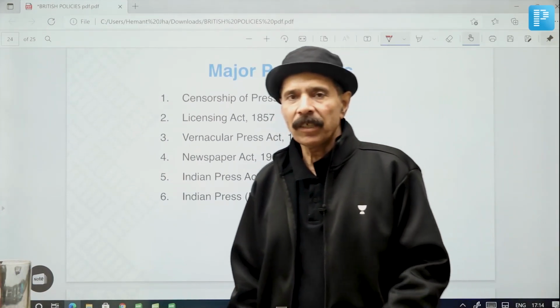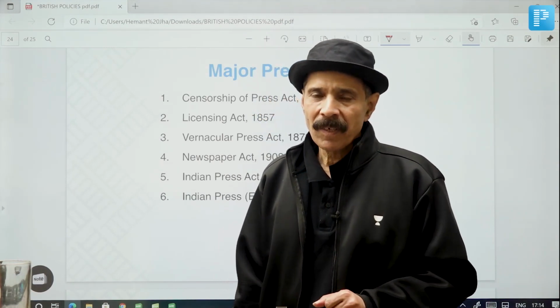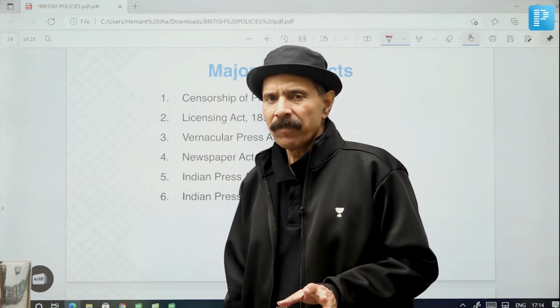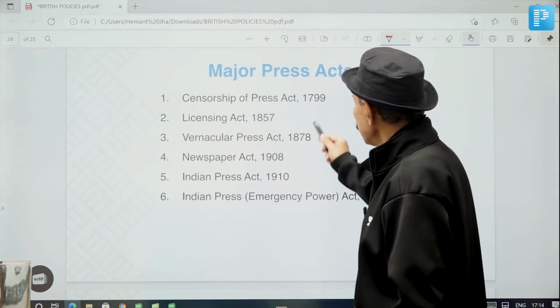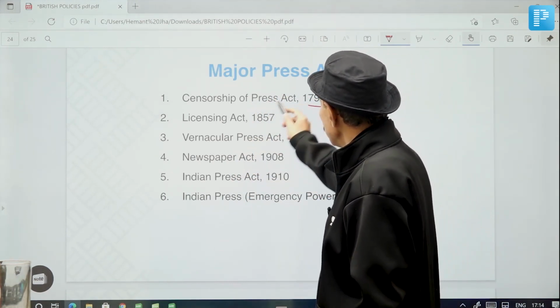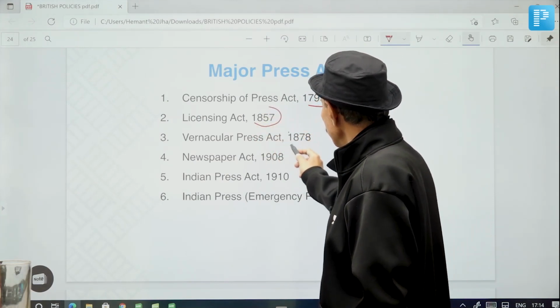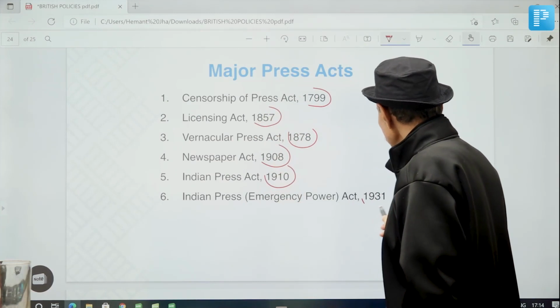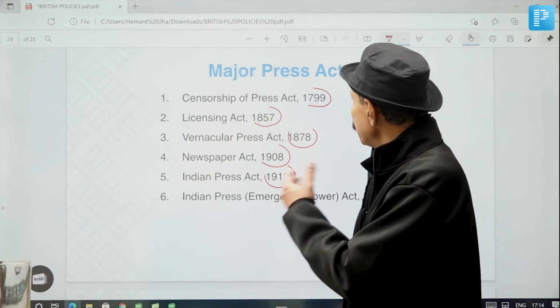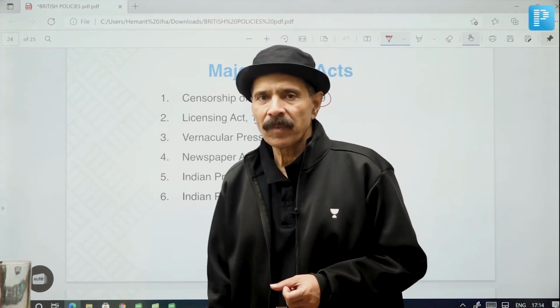And next is Major Press Acts. Here just one thing is important, that you should know that in these years, like 1799, 1857, 1878, 1908, 1910, 1931, major press acts were introduced.